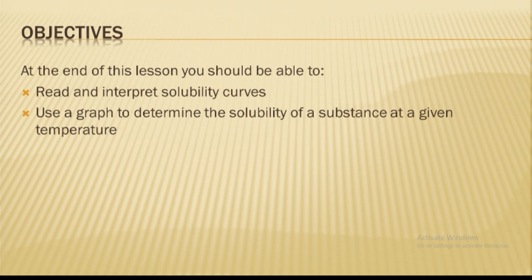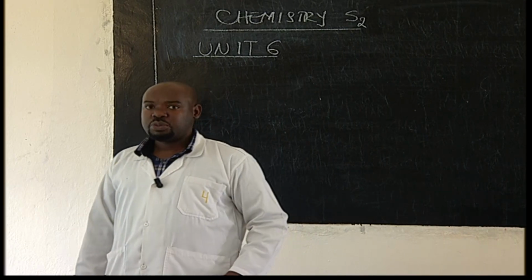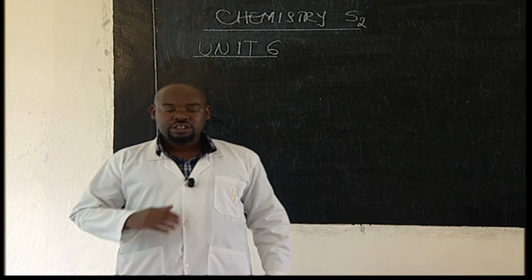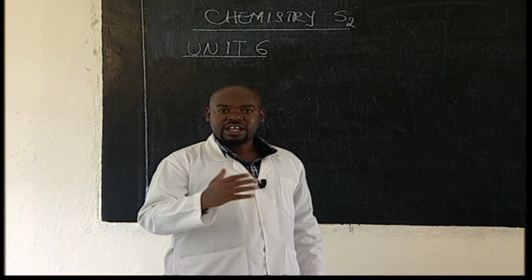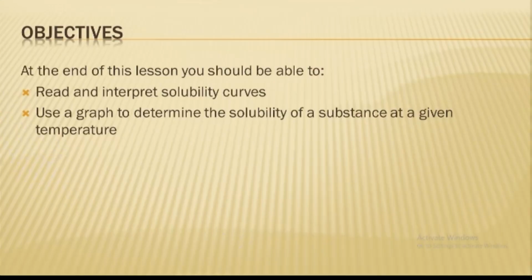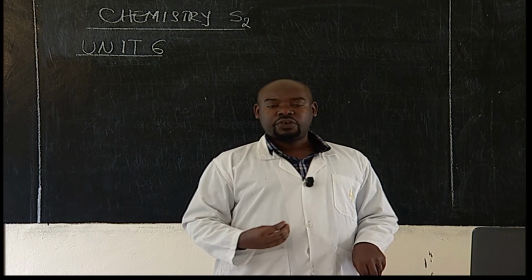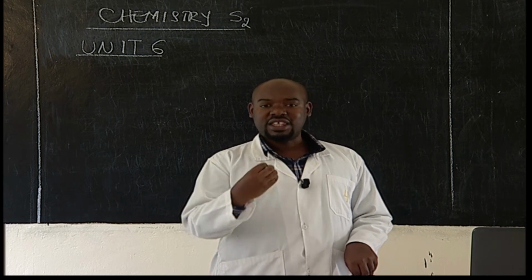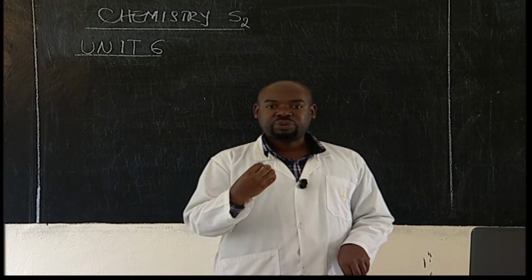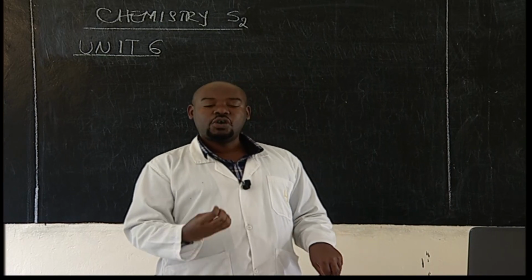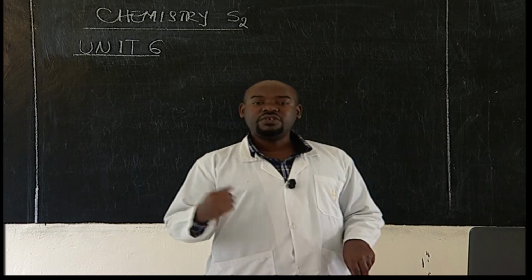And you will use the graph to determine the solubility of a substance at a given temperature. So if the solubility curve can give different solubility values at different temperatures, then from the graph, you can determine the approximate solubility of a given substance at a given temperature.